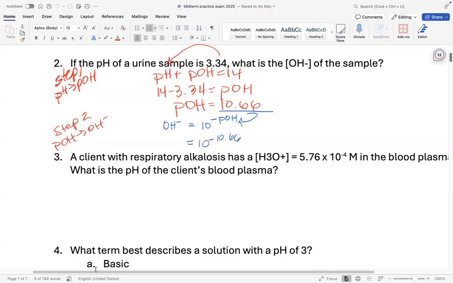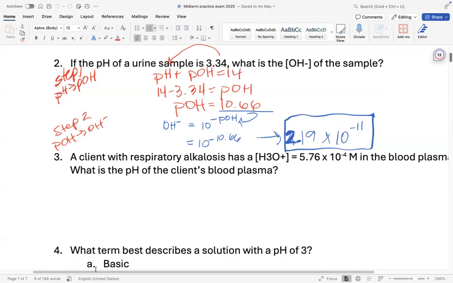10 to the negative 10.66. All right, so then I got 2.818, and I could even round that to 19 actually, times 10 to the negative 11. So now we're doing that one negative log formula in reverse. So the rules about looking at the exponent still apply.